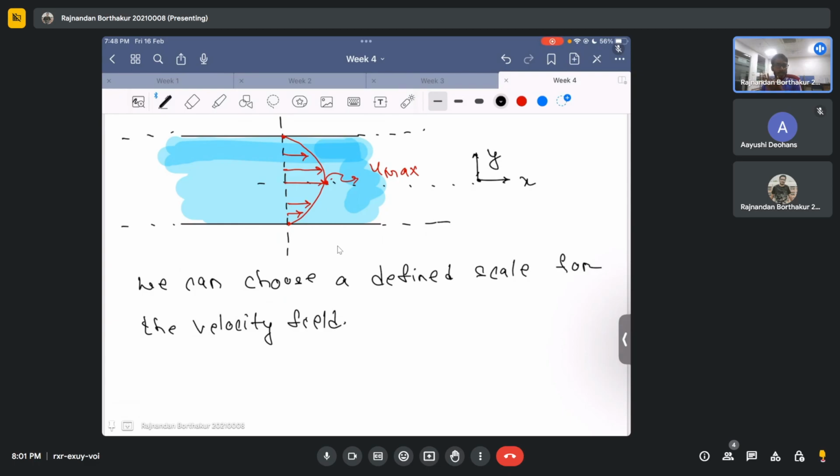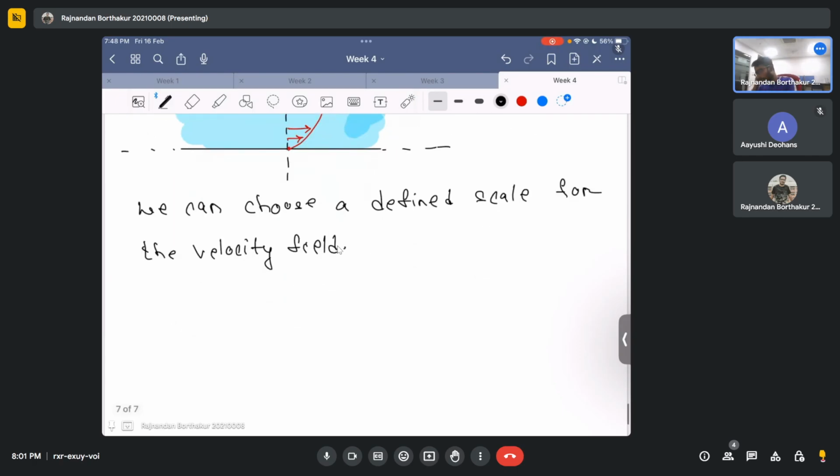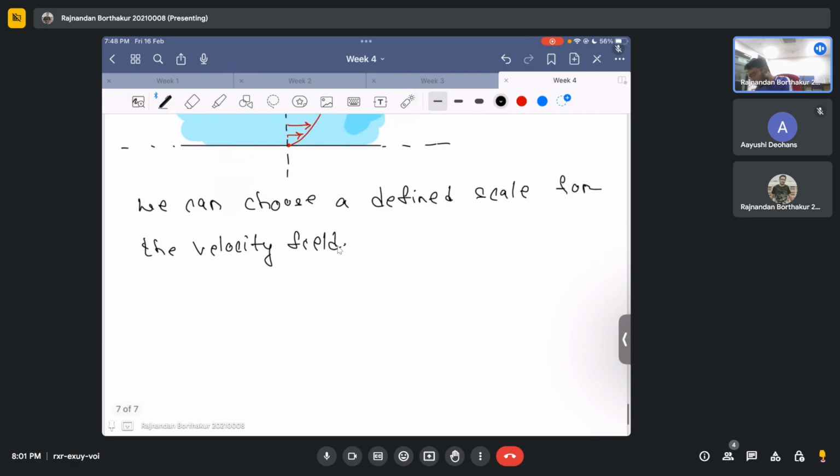And that defined scale is either known to us or it could be derived indirectly from the known quantities. Okay. So let us just write, let UC be the characteristic scale for velocity.